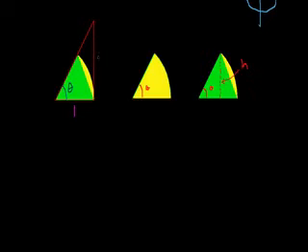What's this height? We know this is a right angle right here. I have an unknown side, a known side, and this angle. What relates all three of those? If you said tangent, you would be correct. The tangent of theta equals the opposite divided by the adjacent.